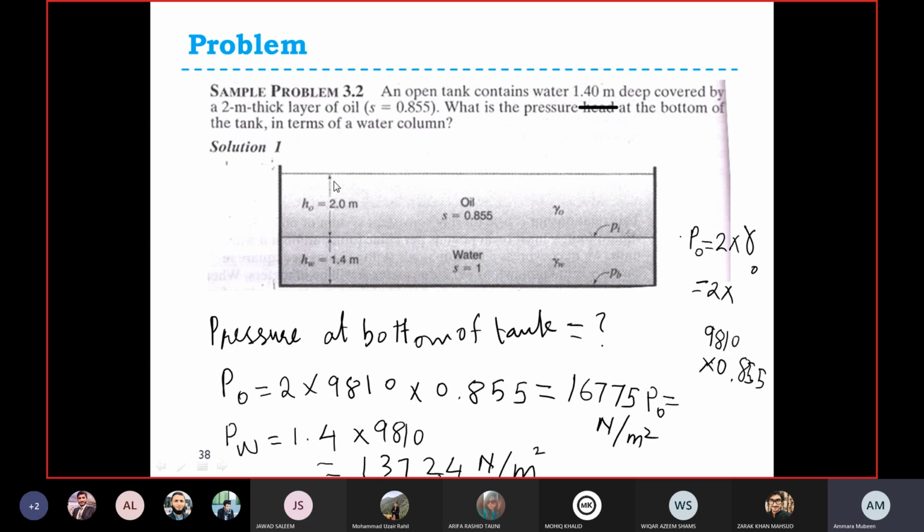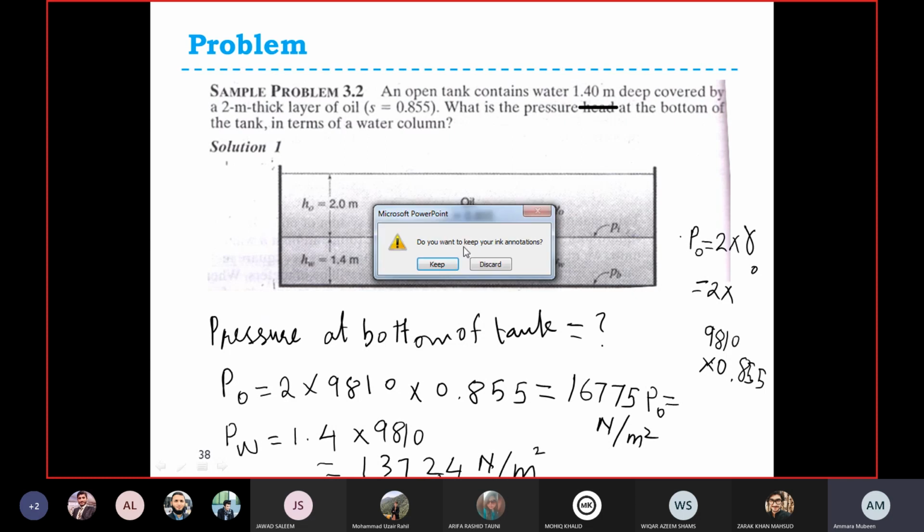Okay. So how would you get the total pressure at the bottom of this tank? This tank has water as well as oil in it. So 1.4 meter depth of water and 2 meter depth of oil in it.